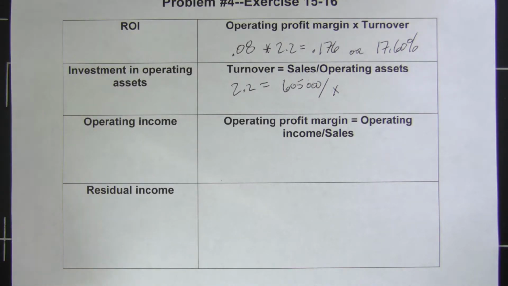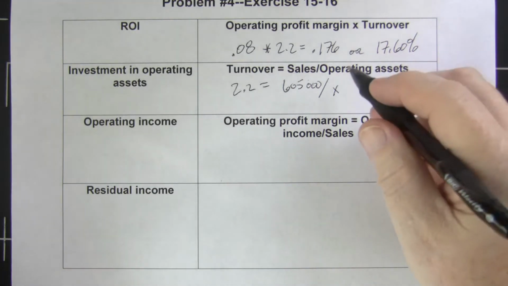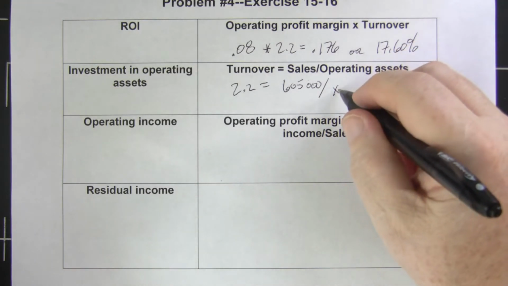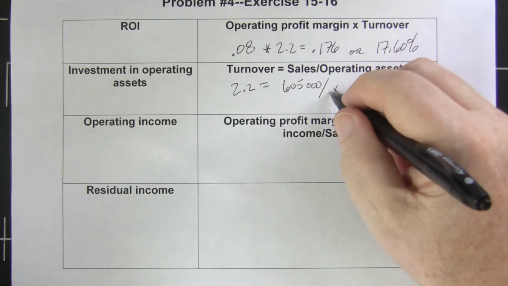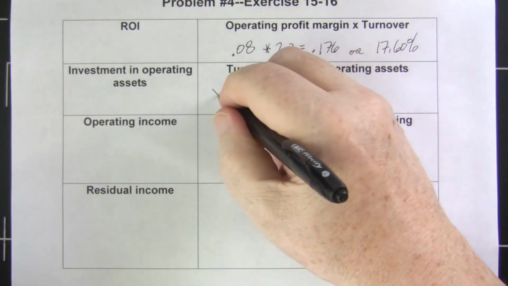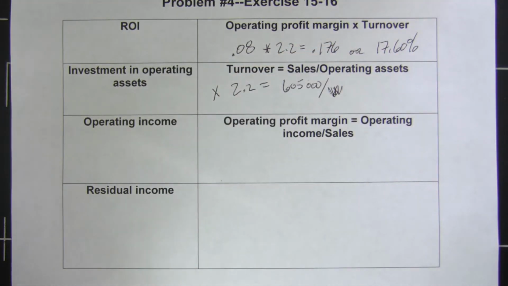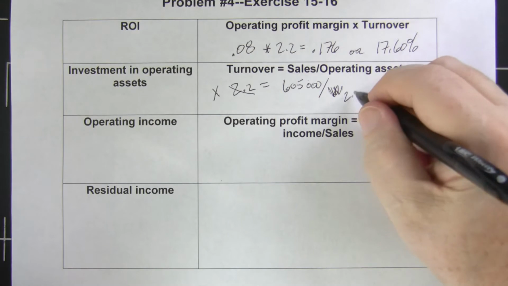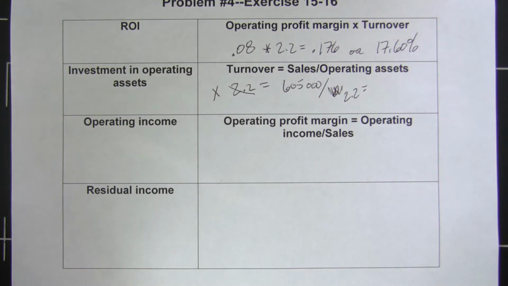Okay, so all we need to do is do a little bit of algebra, and what we'll do is first multiply both sides by x. That gets rid of this. X times 2.2. And now we'll divide both sides by 2.2. And this is basic algebra.